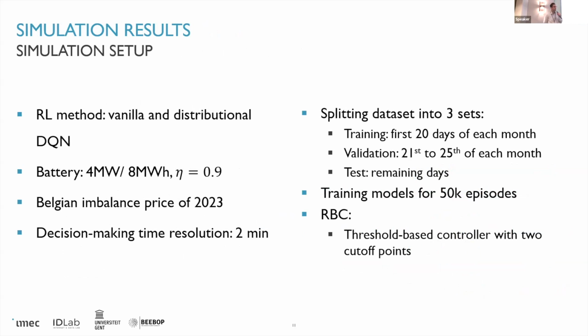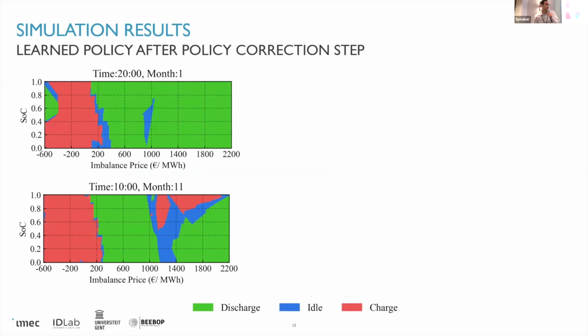The decision making time resolution was 2 minutes, and we trained our model for 50K episodes. In this slide, you can see our learned policy for the DDQN before applying policy correction.